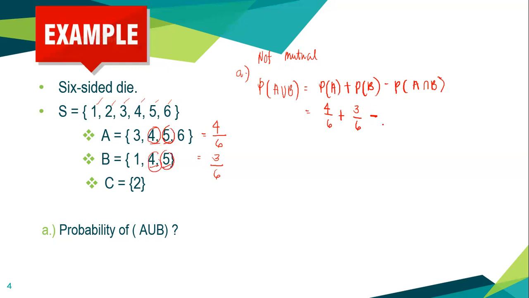Ibig sabihin, ang common is 2 out of 6 possible outcomes. So we have 4 over 6 plus 3 over 6. That is 7 over 6 minus 2 over 6. That will give us how many? We have 5 over 6. Tama? 5 over 6, wala na siyang lowest form. So yan na yun. Then that is your answer for letter A. Okay? Nagigets ba?